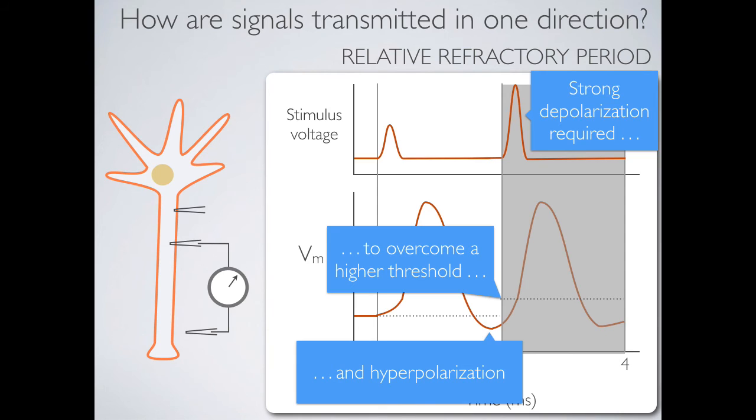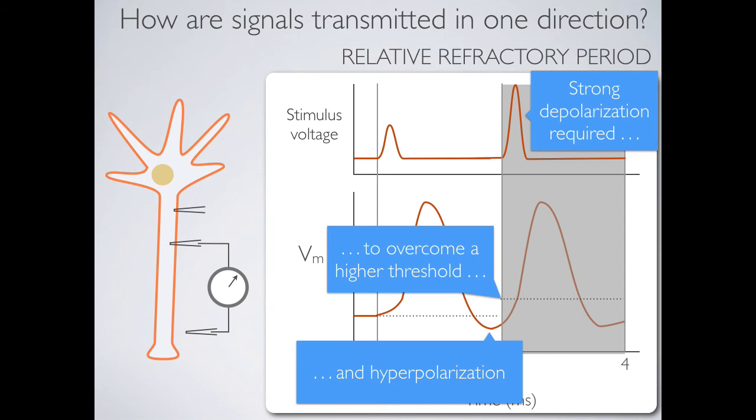The early ones are going to be reset early, and then the later ones are going to be reset later. So there's a whole population, and right at 2 milliseconds, there are very, very few sodium voltage-gated channels to be activated. As you move through time and you get closer and closer to 4 milliseconds, you have more and more of those voltage-gated channels to recruit to create another action potential.